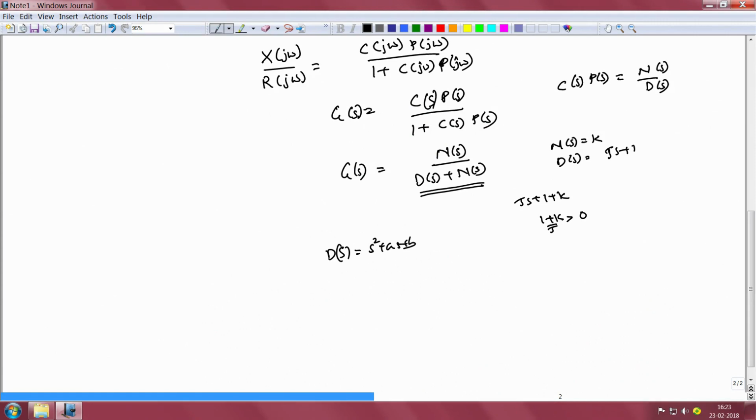One other approach is what is known as the Routh array, which you must have come across in your undergraduate education. The Routh array looks at the denominator polynomial and uses a Routh table in order to determine whether that polynomial is stable, has stable roots or not. As powerful as it is, Routh array has this issue that it assumes that the coefficients of these denominator polynomial are constants.